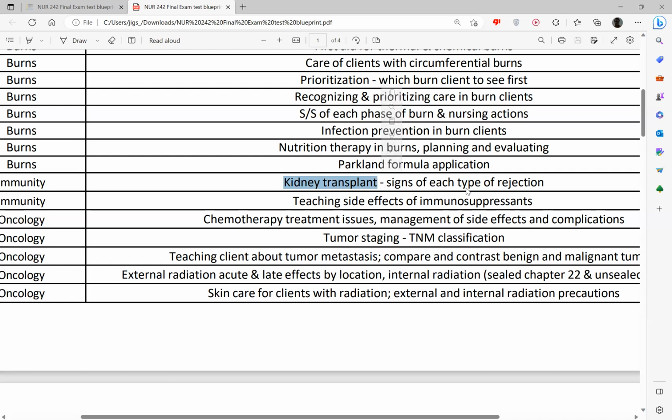So this was on, was it a table? The question is only on kidney rejection. There's not a table for that, it's only a paragraph. It's on page 1597. There was something for the medical management.